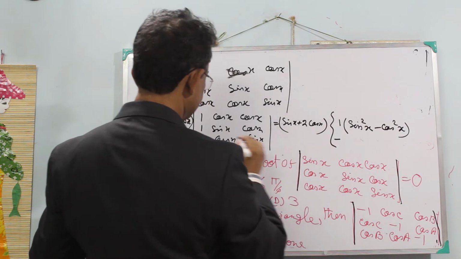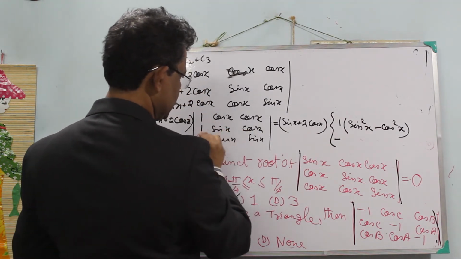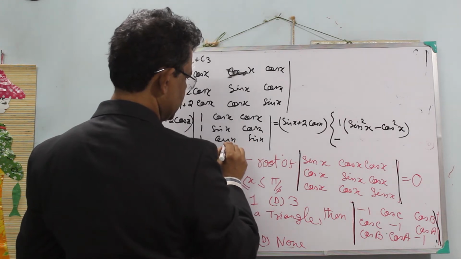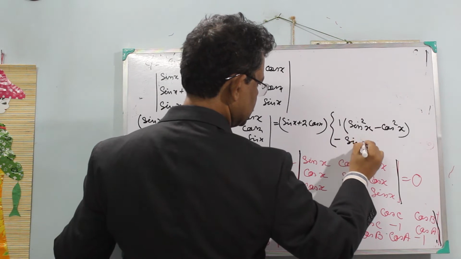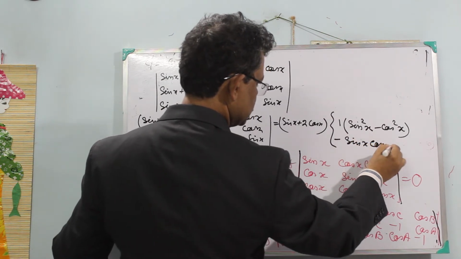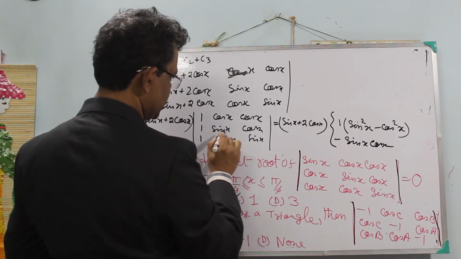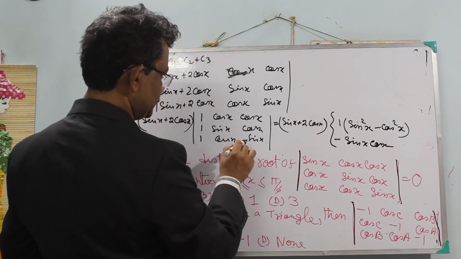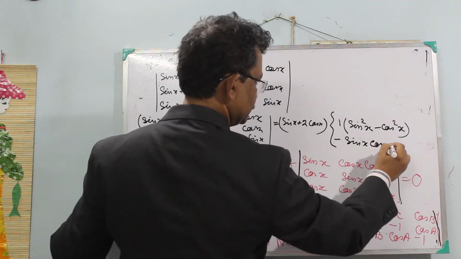Minus this, sin x cos x, sin x cos x, sin x cos x minus cos square x. So it will be plus.